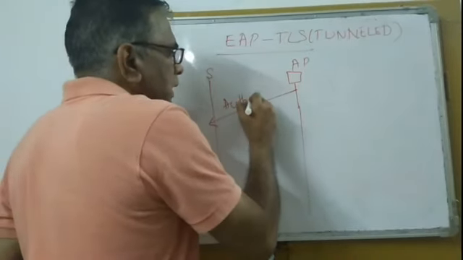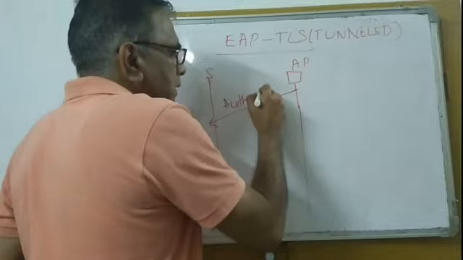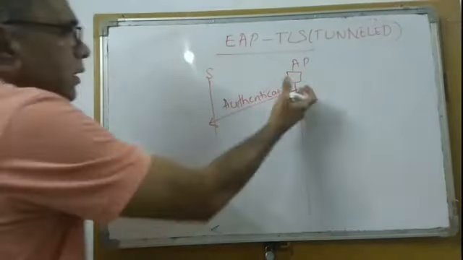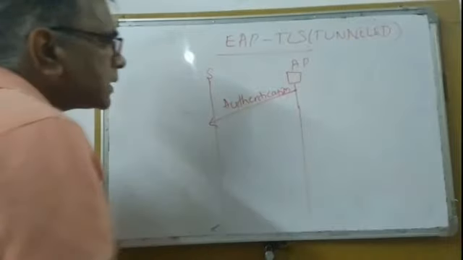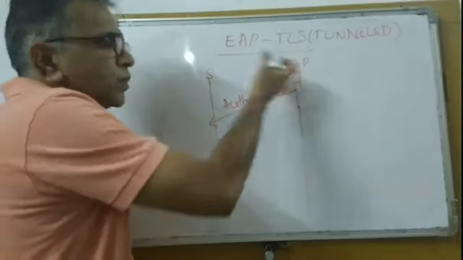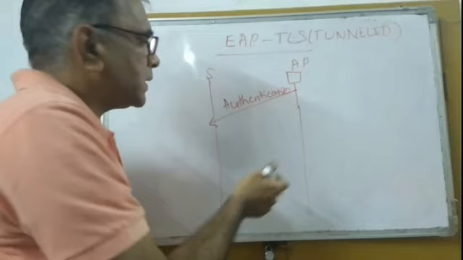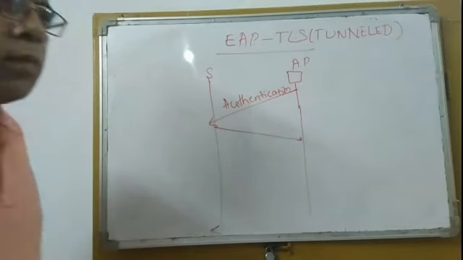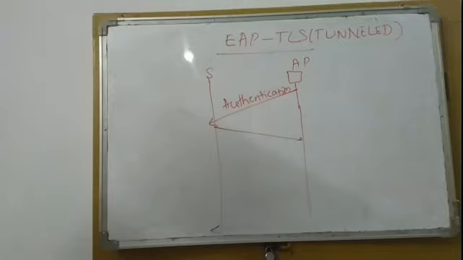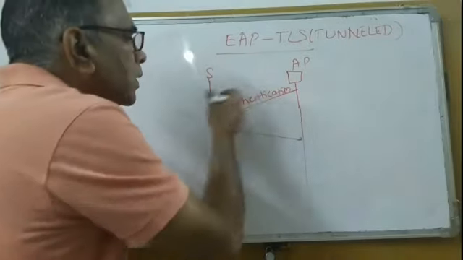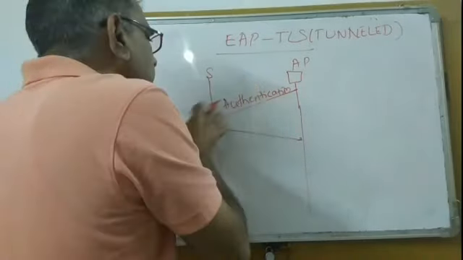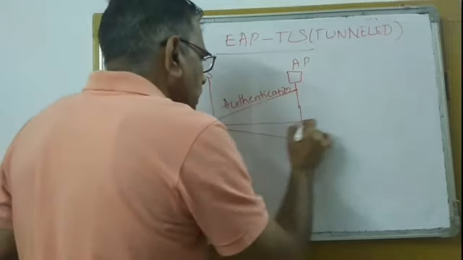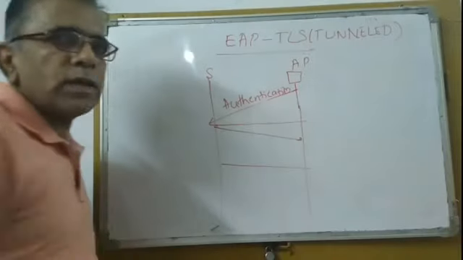It performs the authentication task first. Once it starts the authentication, by authenticating itself with the known keys, they then agree upon a secured tunnel. With the help of the things supplied by the AP, both of them agree to create a secured tunnel through which they will exchange their messages.